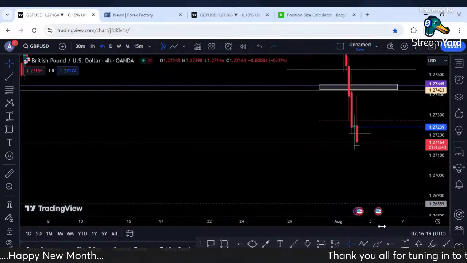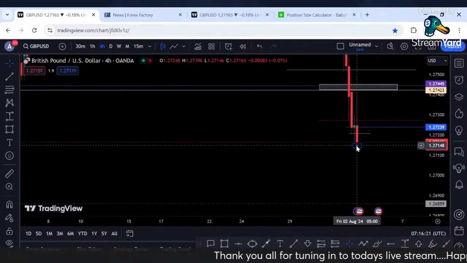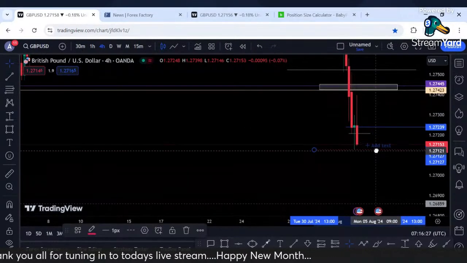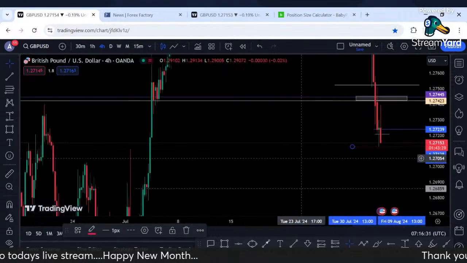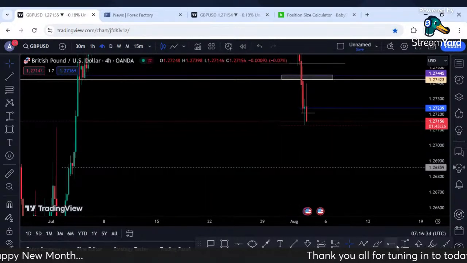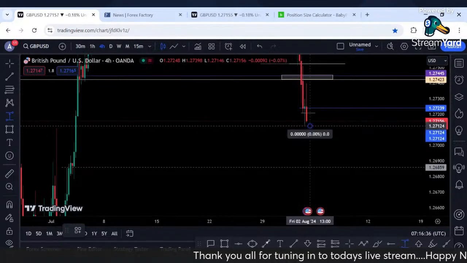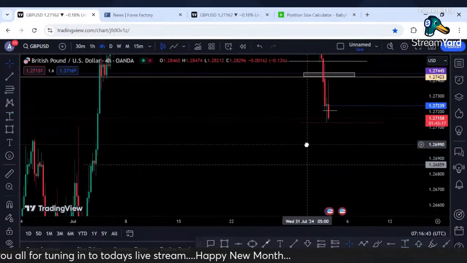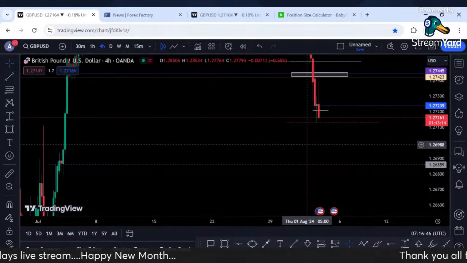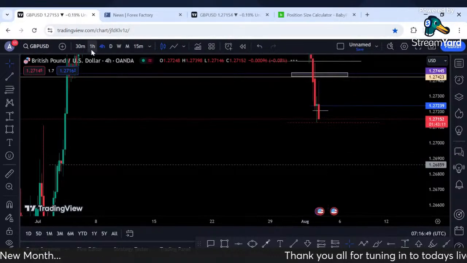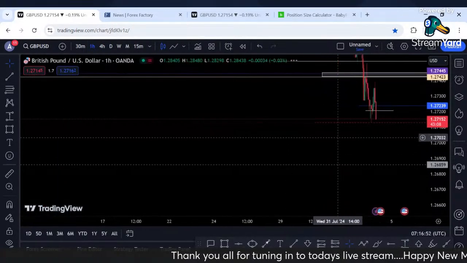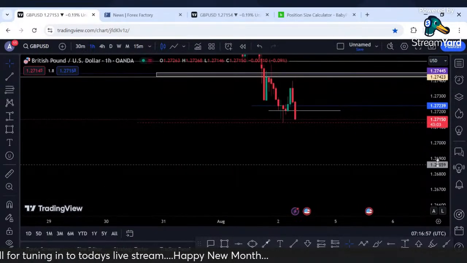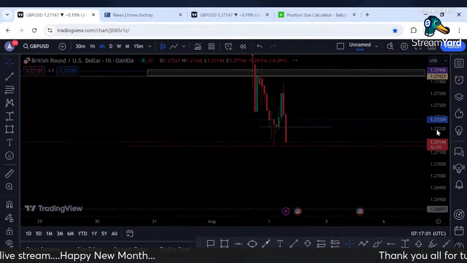So if you take a flip at the H4, let me see. If you take a flip at the H4, the price is going to be too high. Is it not going to be too high?